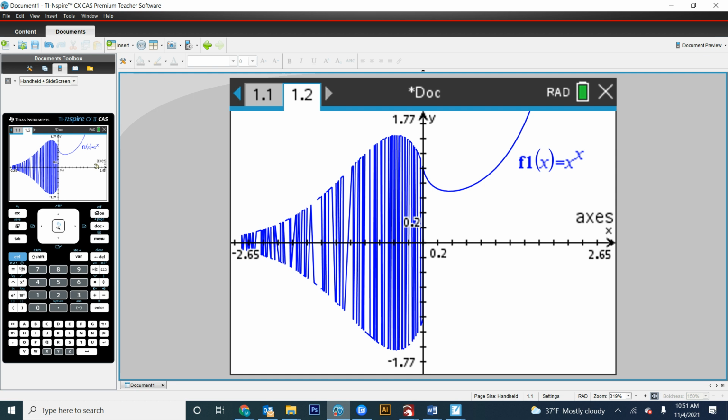No, sorry, I changed my mind midway. -5/2 to the -5/2. Changed my mind mid sentence. Isn't that 1 over -5/2 to the +5/2?